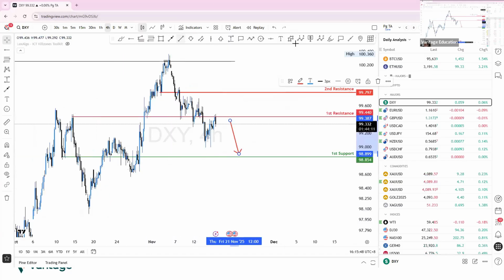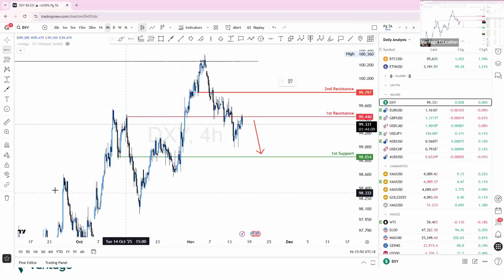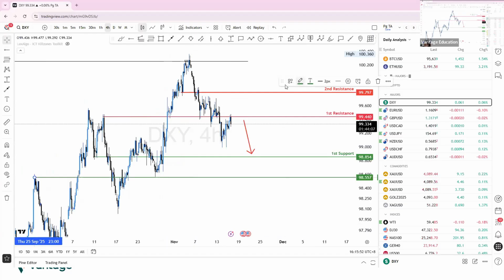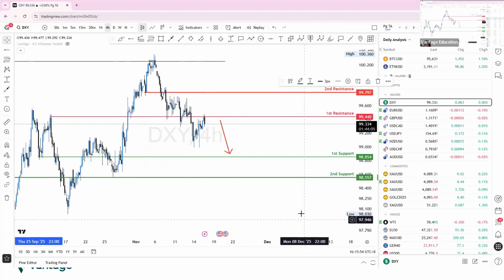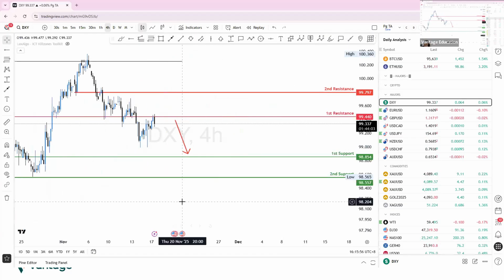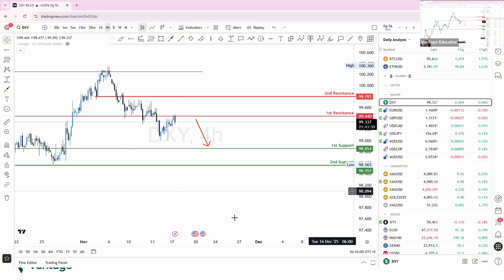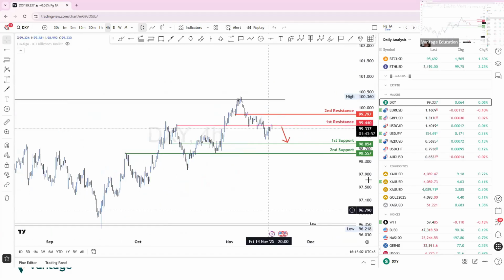Okay. And the second support is here. This is my key level. And on H4, you see price making lower lows, lower highs. Continue. Okay.